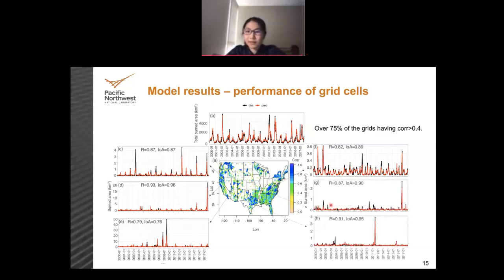And if we look at some events in the southeastern US that are associated with drought, for example, North Carolina in 2016, there were large fires related to drought. And also for Texas in 2011, our model can also capture the peak, even though it underestimated a little bit. So that shows the performance of our model.